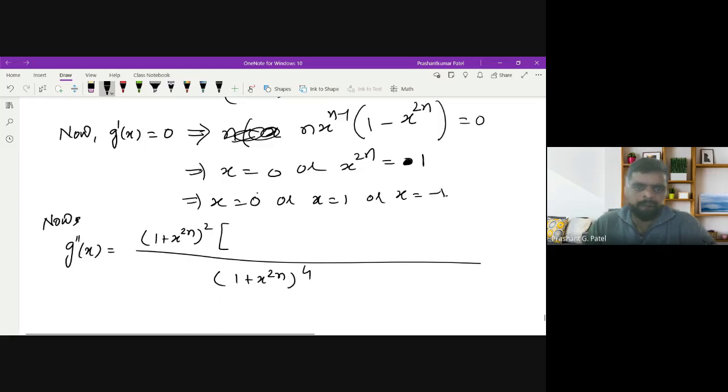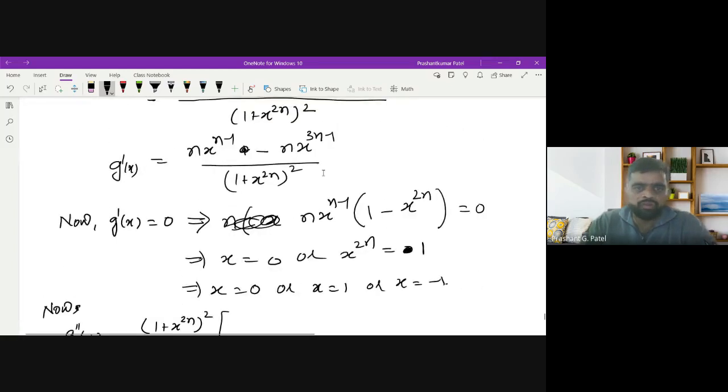Now the derivative of the numerator, that is n into (n minus 1) x^(n minus 2), minus n into (3n minus 1) x^(3n minus 2), plus, sorry, minus this quantity as it is. That is exactly the same quantity we have here: n x^(n minus 1) (1 minus x^(2n)).